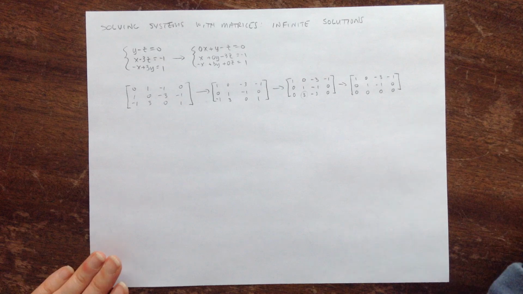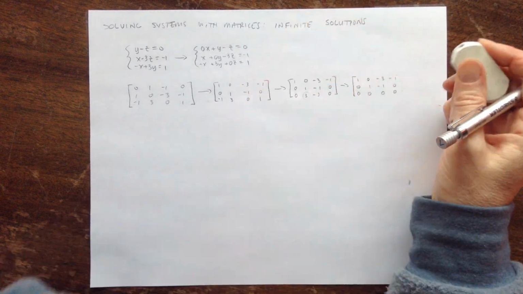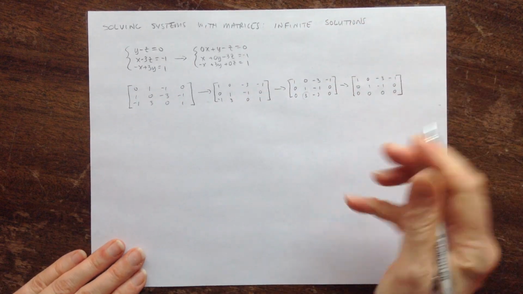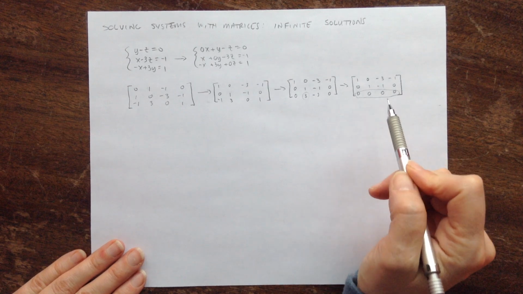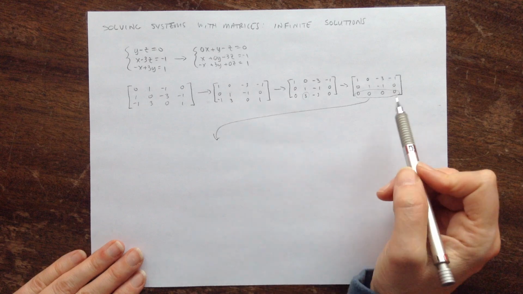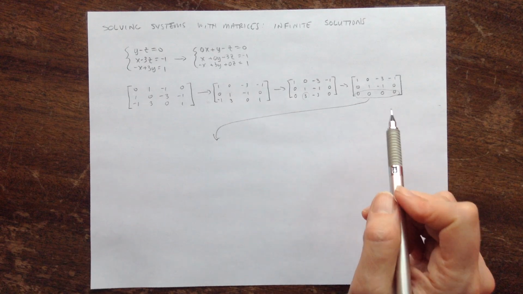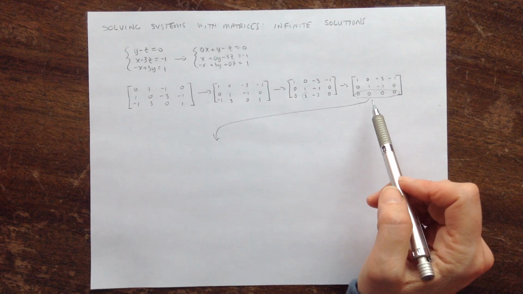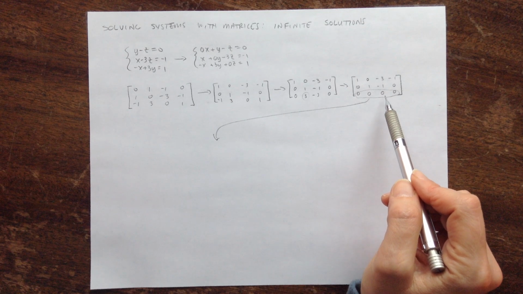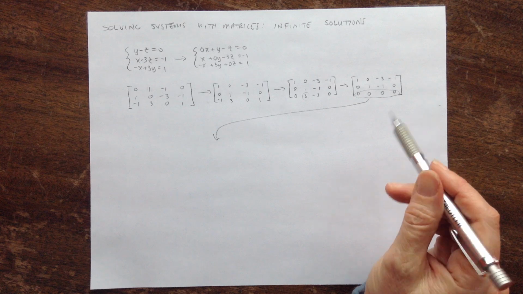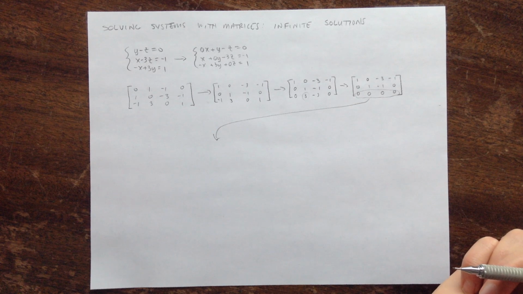Okay, so we ended up with something a little weird here. Again, we have a row of all zeros. This row of all zeros basically means you don't have any extra information in that third row, because this says 0 times x plus 0 times y plus 0 times z is equal to 0, which is the same as 0 equals 0.